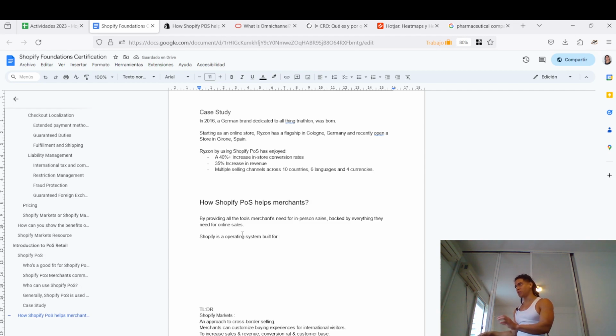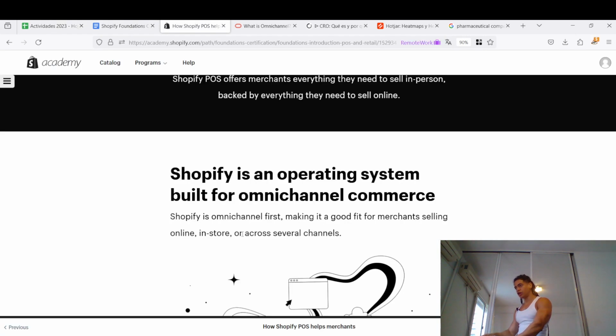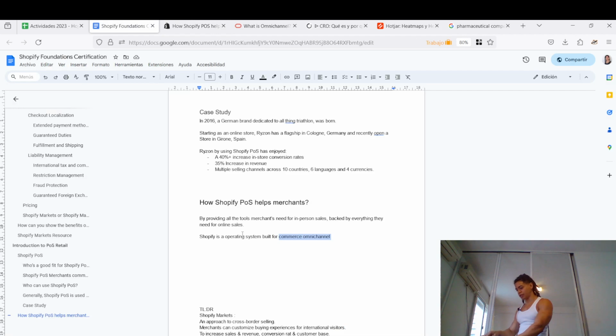Okay, that makes a lot of sense. Shopify is an operating system built for omni-channel commerce.